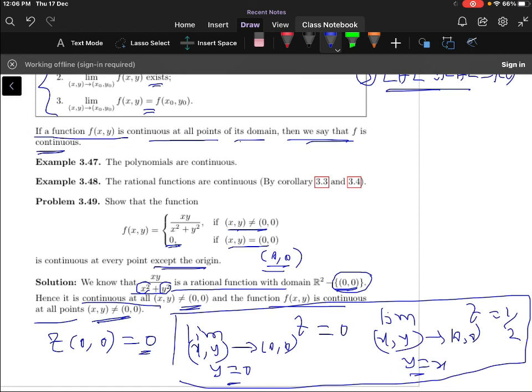But along the path y is equal to x, the limit is different from 0. So the function value and the limit along y is equal to 0 are the same, but along the path y is equal to x, the limit is different. Therefore the function is discontinuous at the origin.